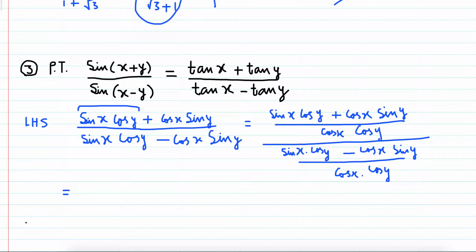Here this cos x will get cancelled, and cos y will get cancelled, and cos x will remain in the denominator. So we will have sin x by cos x plus, and here this cos x term will go away. So we will have sin y and cos y in the denominator.